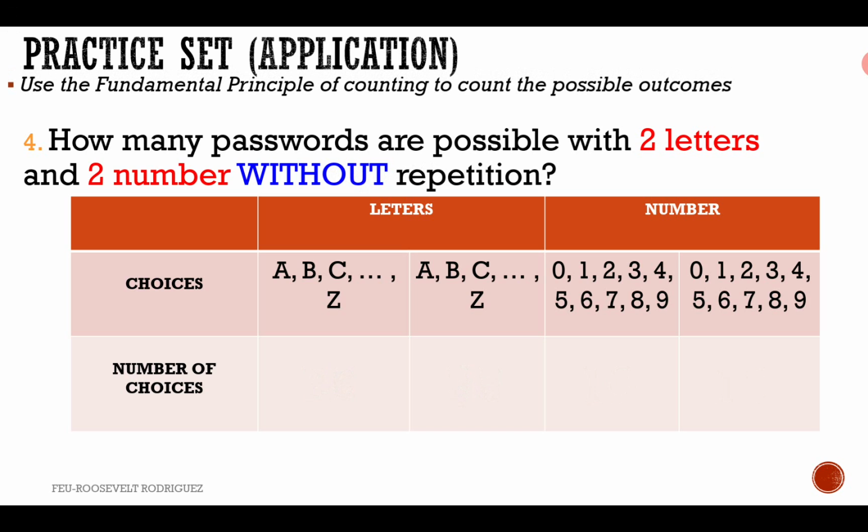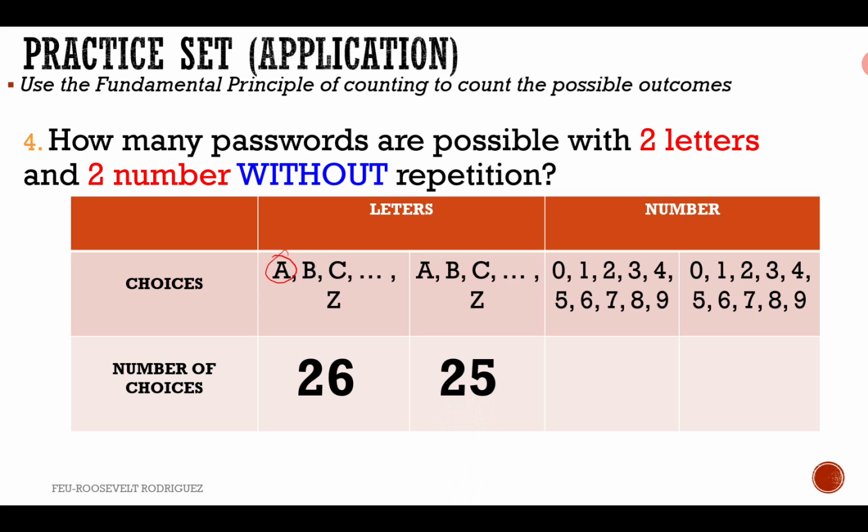As you observe your students, for example, if you want to construct a password with 2 letters and 2 numbers na walang repetition, ibig sabihin, sa first letter mo, yes, kung meron kang 26 set of letters, kung napili mo na yung A, let's say A, hindi mo na siya pwede isulat sa second letter mo. Okay, ibig sabihin, nabawasan yung ating second event ng isang letter. So, instead na i-write natin yung 26, dito, 25 na lang siya. Okay, it will give us 25.